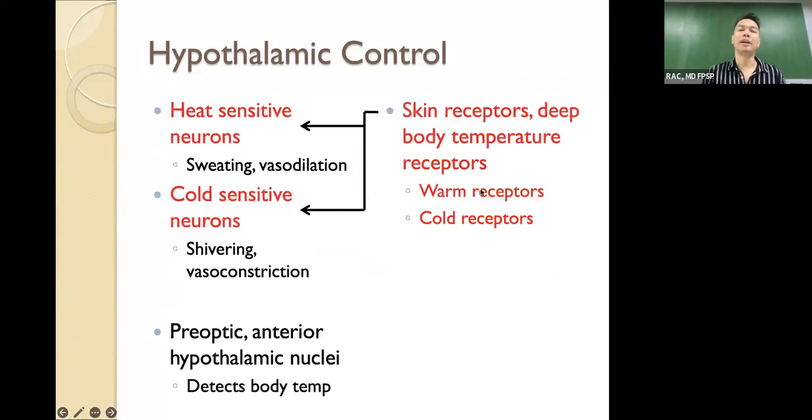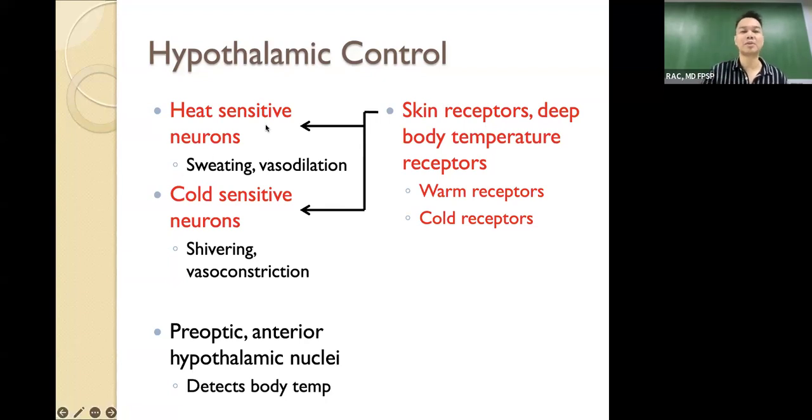So for example, if the body detects temperature, cold or warm, you have your warm receptors and cold receptors. Recall that we have more cold receptors in the body compared to warm receptors. These signals will be detected by thermoreceptors and then sent to the hypothalamus.